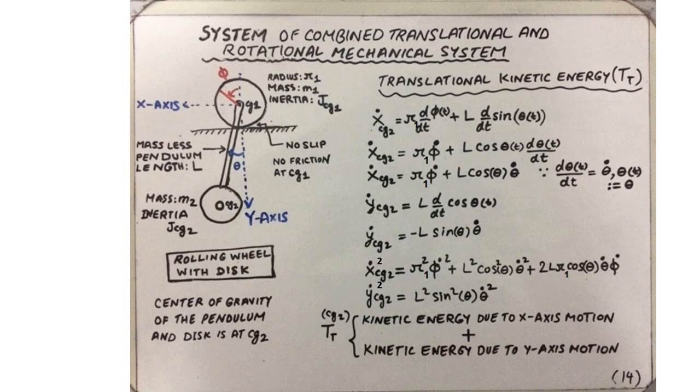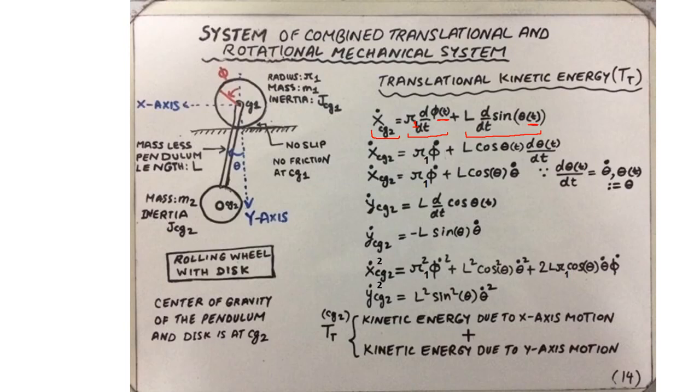So if we take a time derivative of xCG2, that is basically r1, this is r subscript 1, the radius of the top wheel, times the time derivative of phi, which is essentially phi of t, as we emphasized before, plus L times the time derivative of sine theta, and theta is again a function of time, as we just discussed.